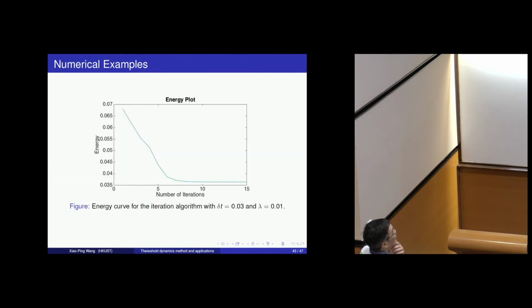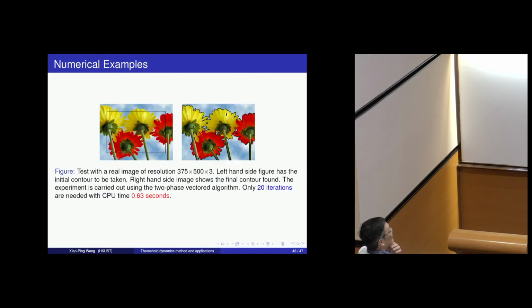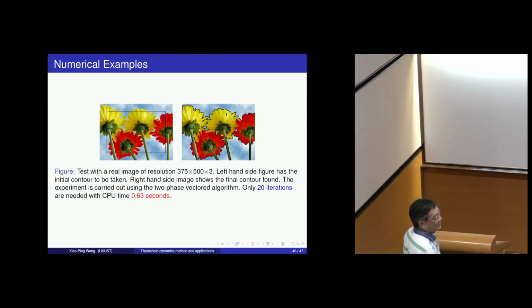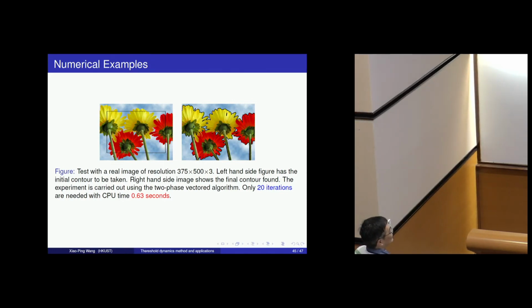You can look at the energy plot. I think people here are not very interested in this image segmentation problem, but it shows that the method is very fast. So you have again an initial curve here, and it evolves into the boundary of those objects.